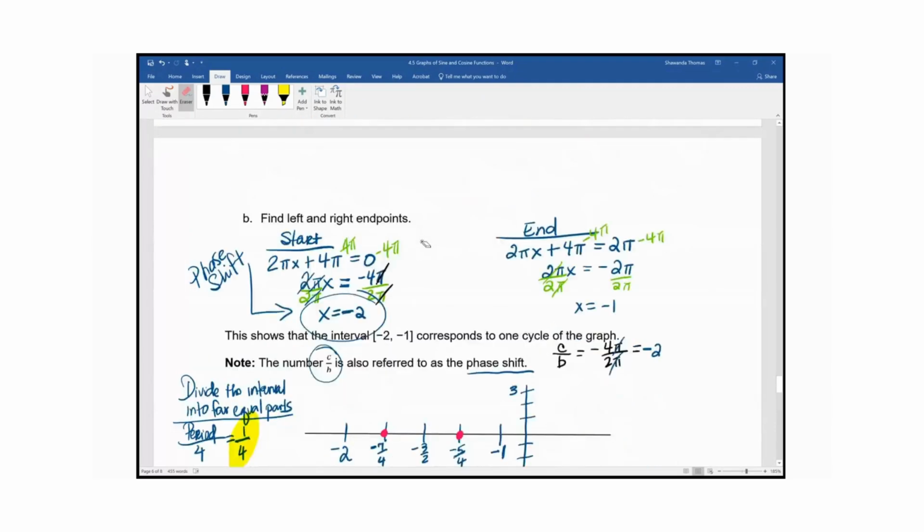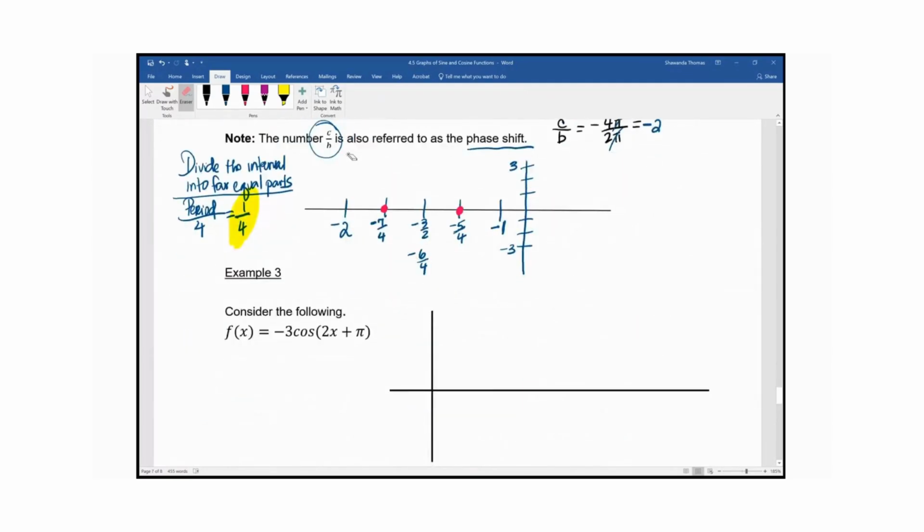So usually for cosine, we're up at the ends, but we're going to be down at -2. It's not going to be up anymore. And notice I'm trying to be even with the -3 over here, because that's our amplitude.